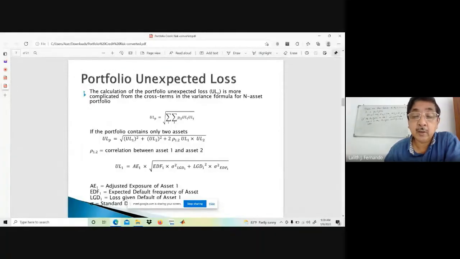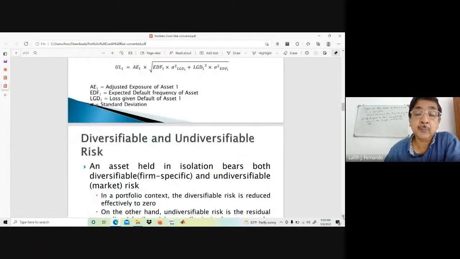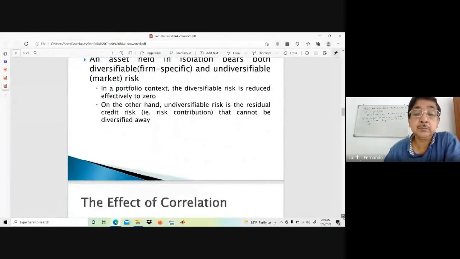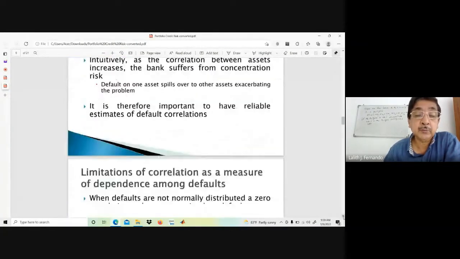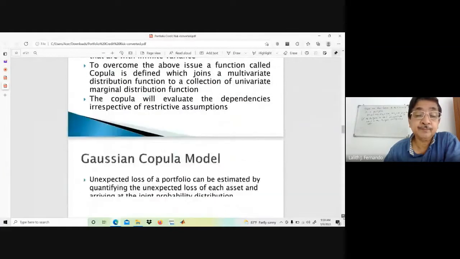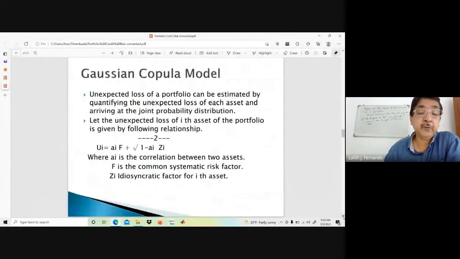Right. Now you can see these things here. And if you go to the effect of correlation, right. Now we will go to this. Now, unlike in that formula, we have given a certain other type of thing here. Now, just again go to the copulas.